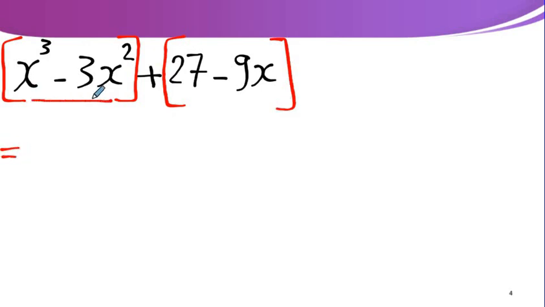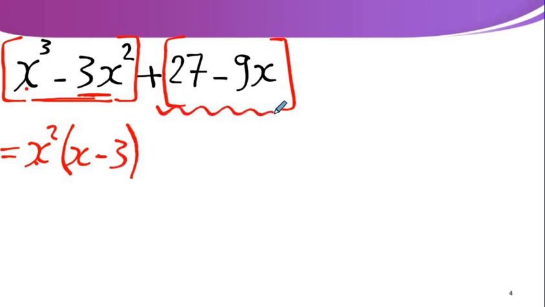The first group here, x to the power 3 minus 3x squared, has a common factor. It's x to the power 2. X to the power 3 divided by x to the power 2 equals x, and negative 3x to the power 2 divided by x squared equals negative 3.